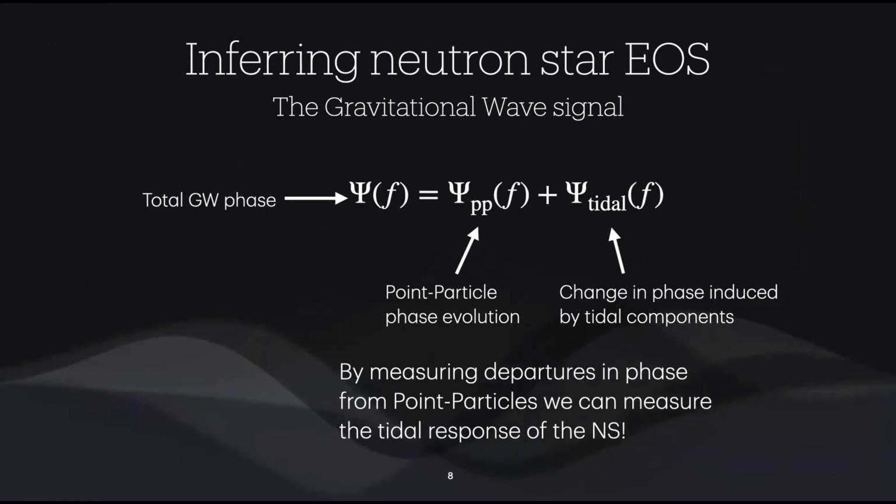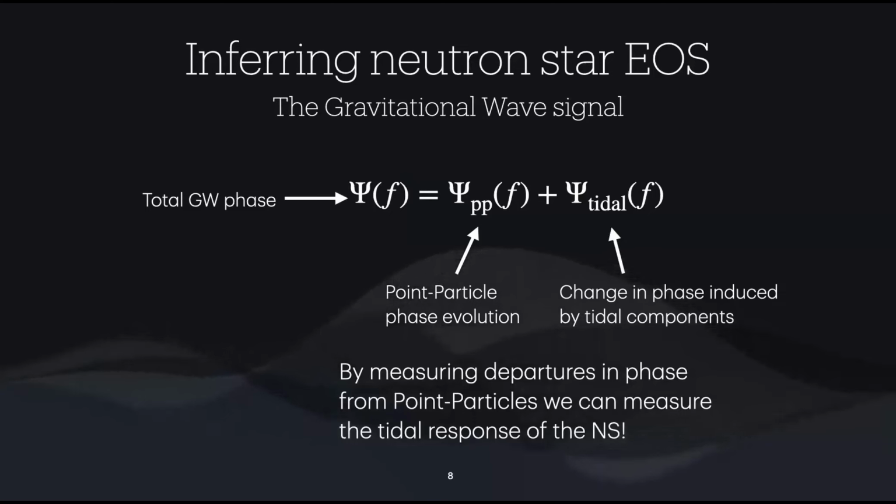All right, so I mentioned before, we want to do this with gravitational waves. How is this actually done with gravitational waves? I have a really simplified view of gravitational wave phase here. So if you imagine the phase of the signal, it's broken up into a point particle component and a tidal component.